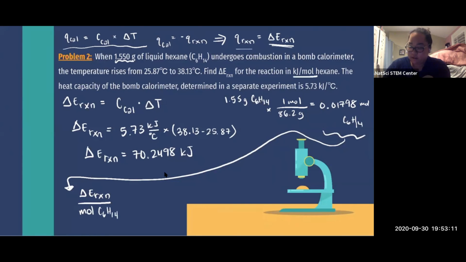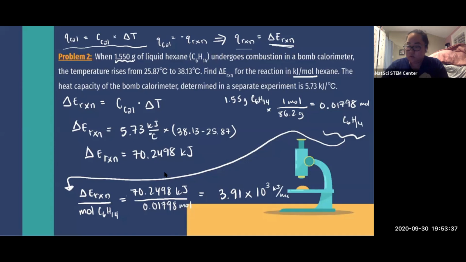So you get 70.2498 kilojoules over 0.01798 moles. Your answer is 3.91 times 10 to the third kilojoules per mole.